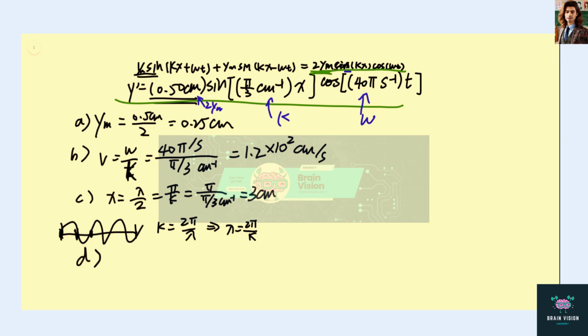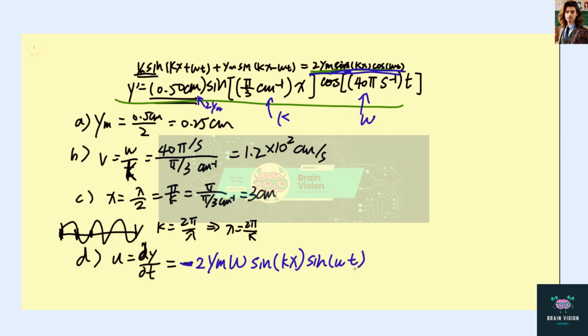To find a speed, we take the derivative of y with respect to time, so we use u equals dy/dt. The cosine becomes negative sine, so we get negative 2 ym omega times sine(kx) times sine(omega t).